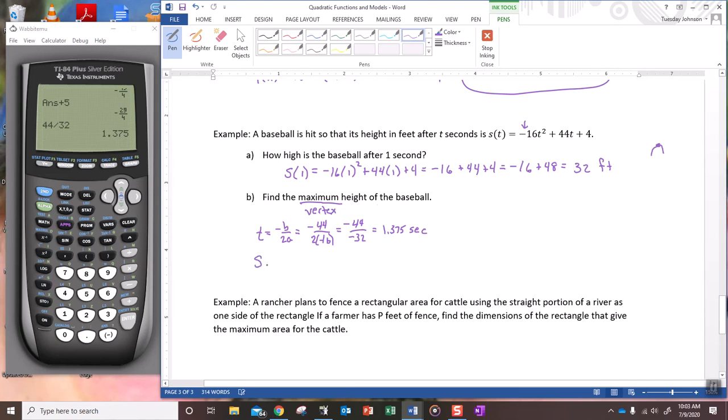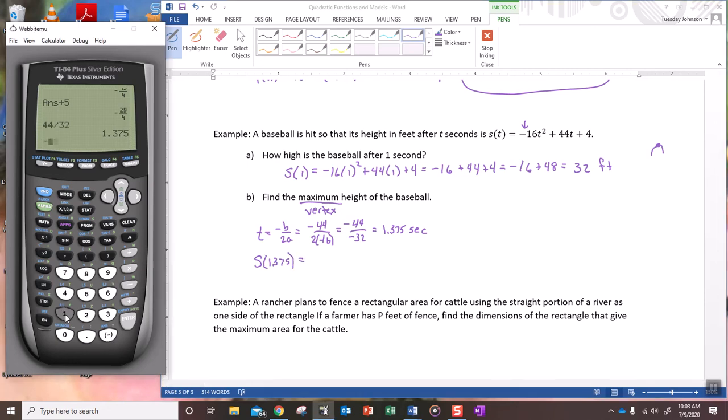Its actual height, s, I'm going to go ahead and find this on the calculator. We have negative 16 parentheses 1.375 squared plus 44 times 1.375 plus 4.